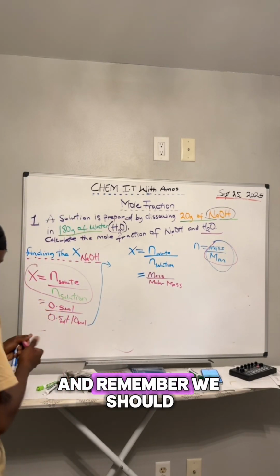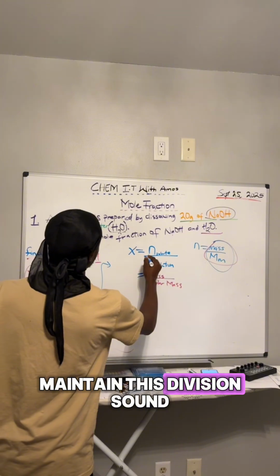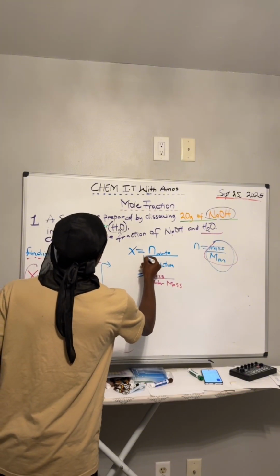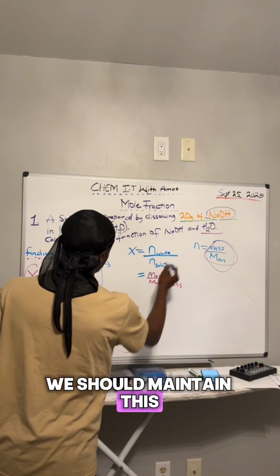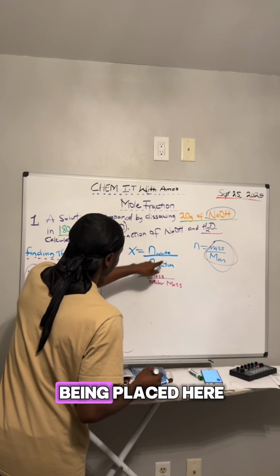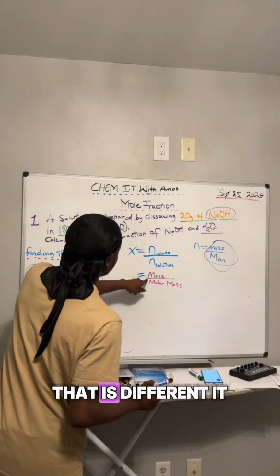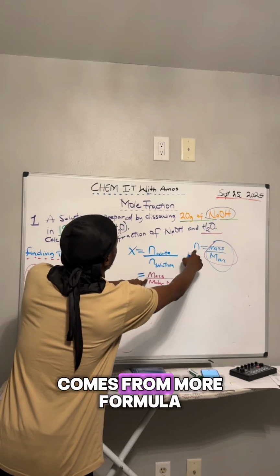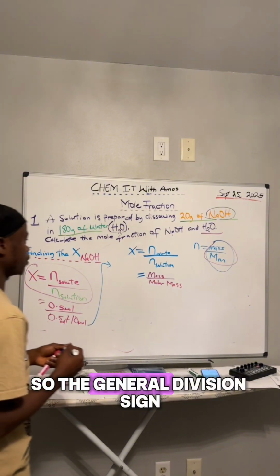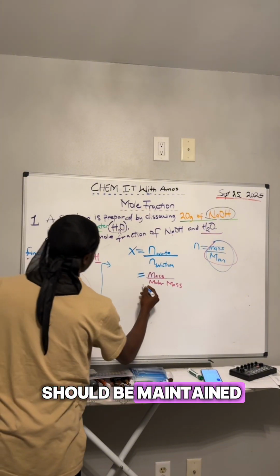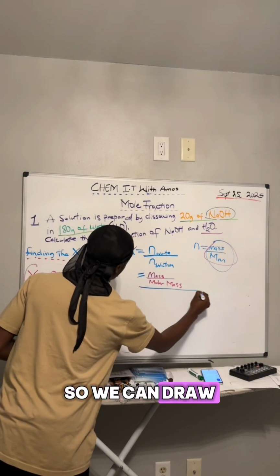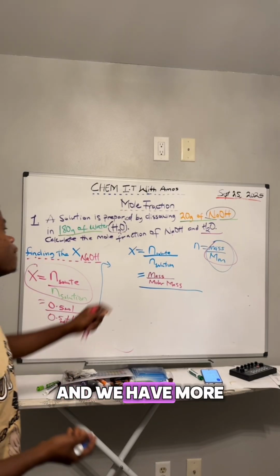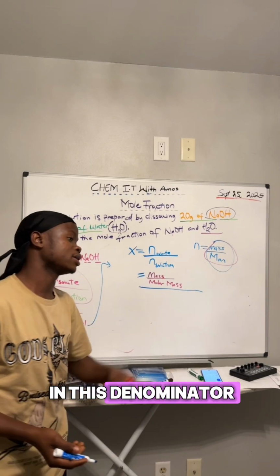And remember, we should maintain this division sign right here. It is different; it comes from the mole fraction formula. So the general division sign should be maintained. And we have mole as a whole in this denominator.